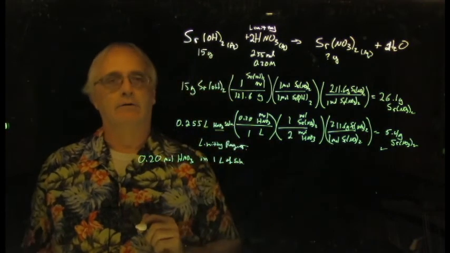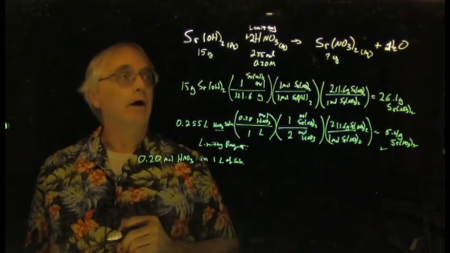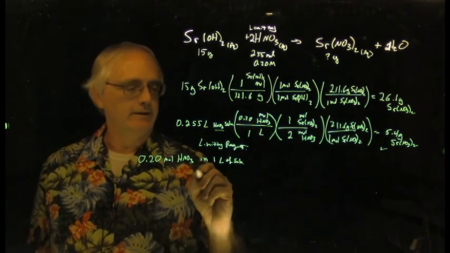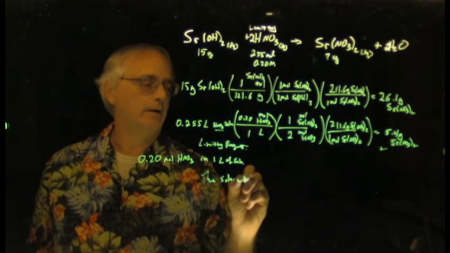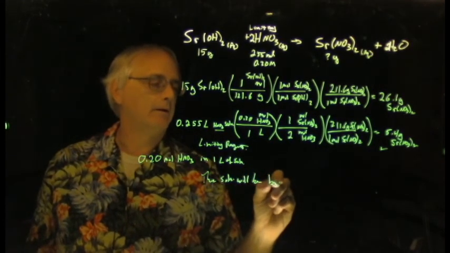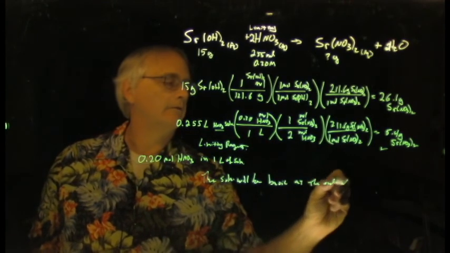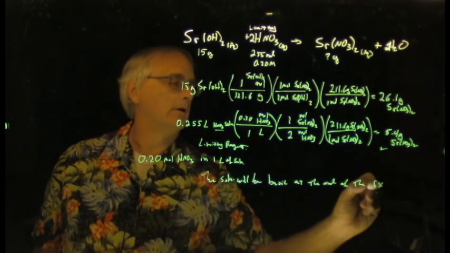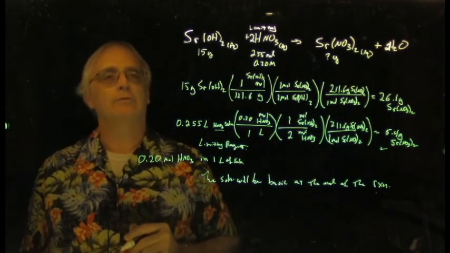Therefore, strontium hydroxide is our excess reagent. We have more of that floating around in the solution. That makes it basic. So at the end, the solution will be basic at the end of the reaction.